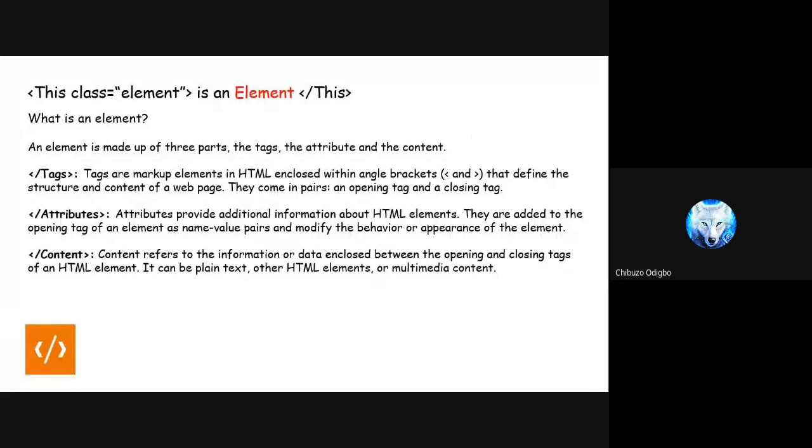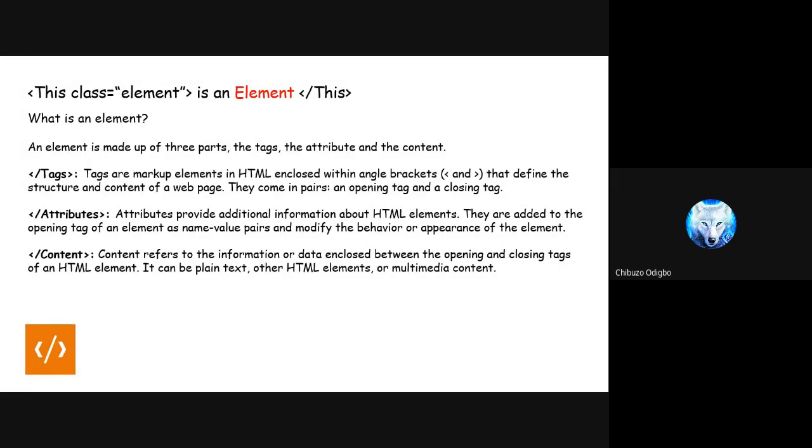So what is an HTML element? An HTML element is made up of three parts: the tags, the attributes, and the content. The tags are marked within angle brackets and they define the structure and content of a web page. They come in pairs, the opening tag and the closing tag. The attributes provide additional information about HTML elements.